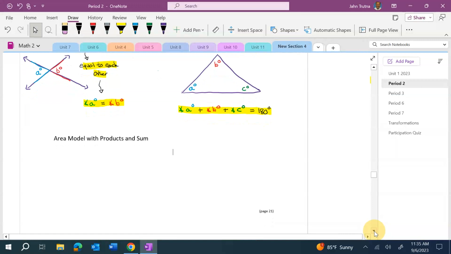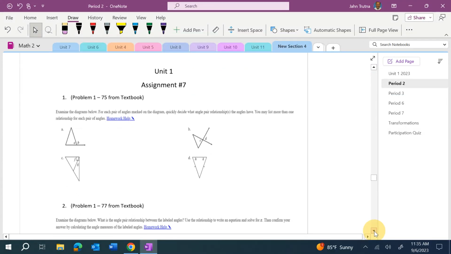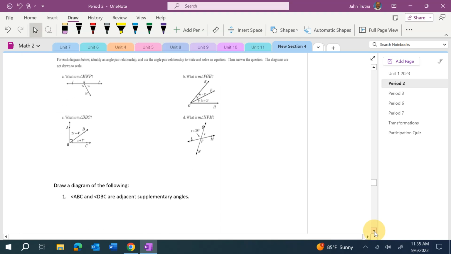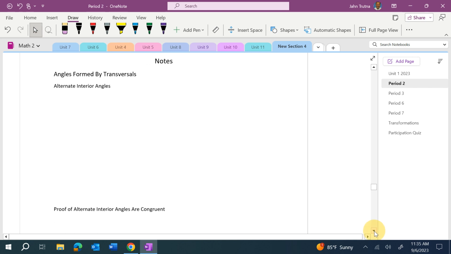So we're going to get back to the area model with products and sums in our notes in a second. But go ahead and turn the page to your notes for assignment number 8. And what we're going to do is an example where we're going to use alternate interior angles.